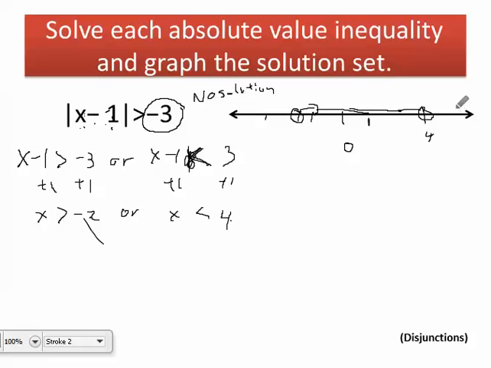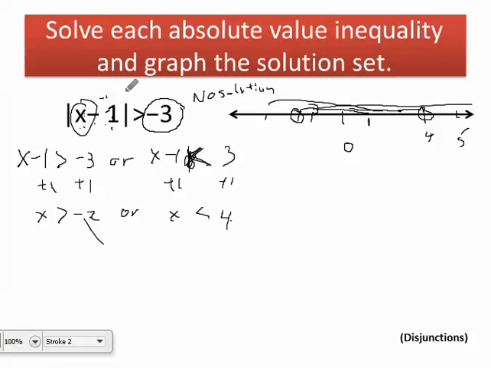What about 5 out here? If I stuck a 5 in here, 5 minus 1 is a 4. 4 is greater than negative 3. Everything's greater than negative 3. Everything I stick in here is greater than negative 3, because these two disjunctions are going to be pointing at every number in the real number system, aren't they? What about 0? 0 minus 1 gives me a negative 1.